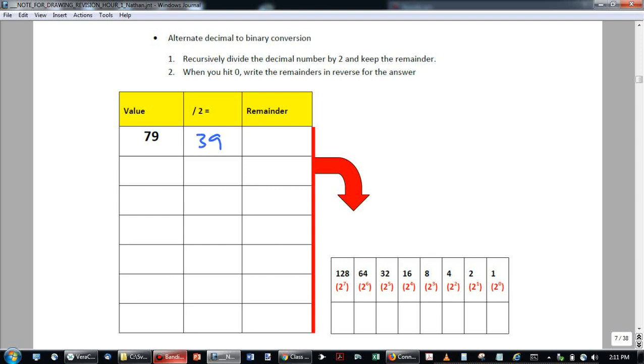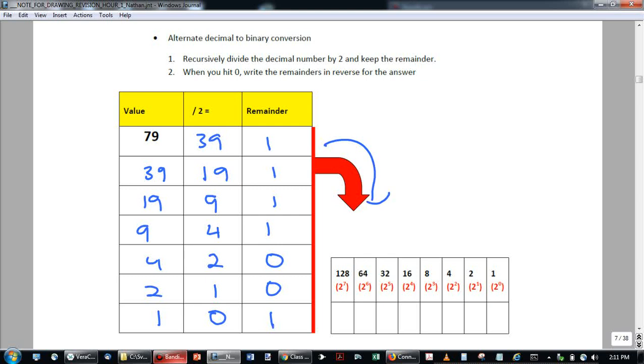You get 39, a remainder of 1. 39 divided by 2 is 19, with a remainder of 1. 19 divided by 2 is 9, remainder of 1. 9 divided by 2 is 4, remainder of 1. 4 divided by 2 is 2, no remainder. 2 divided by 2 is 1, no remainder. 1 divided by 2 is 0 and a remainder of 1. It doesn't divide further, okay? And then what you do is you take it this way, and so you're going to get 1, 0, 0, 1, 1, 1, 1.